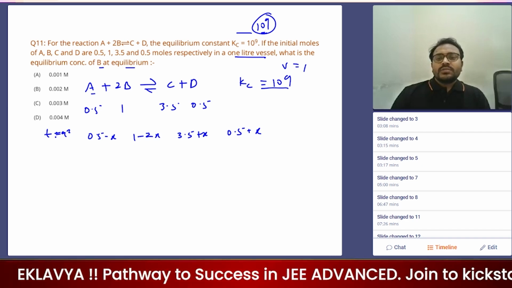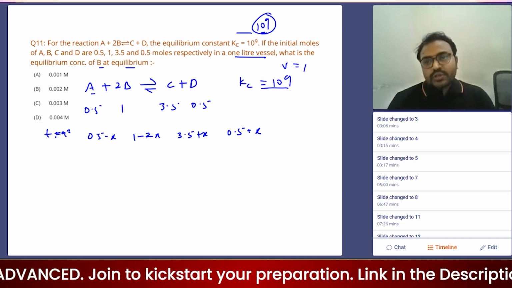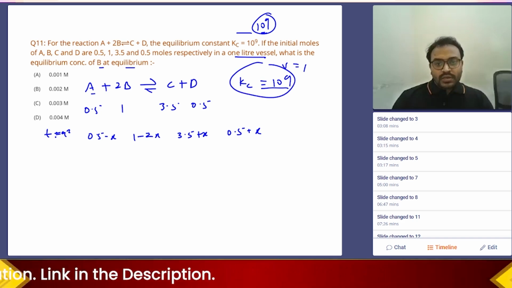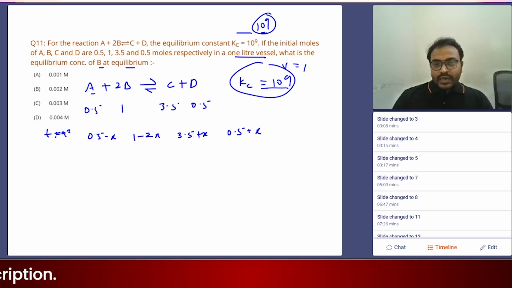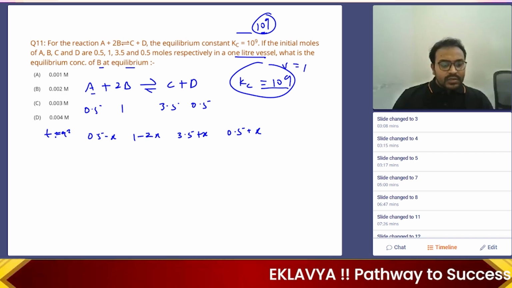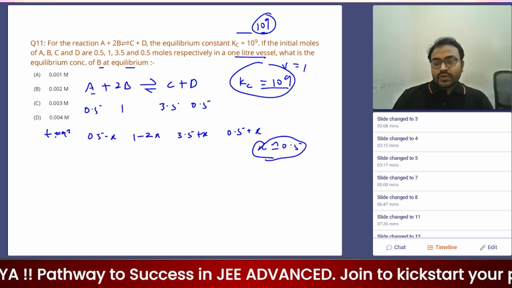Because A is only 0.5 mole, and we are considering the reaction is almost completed, what we can do is take the approximation x approximately equal to 0.5.